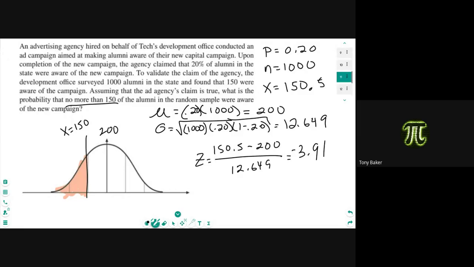All right, look up the percent of negative 3.91. So it's a really, really small number.